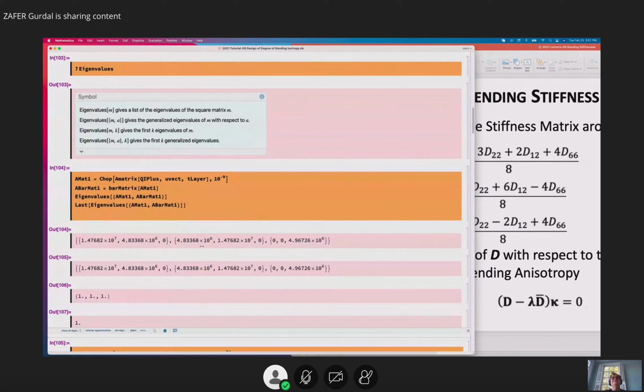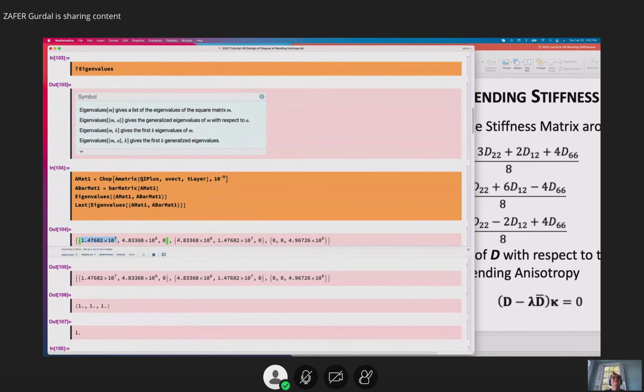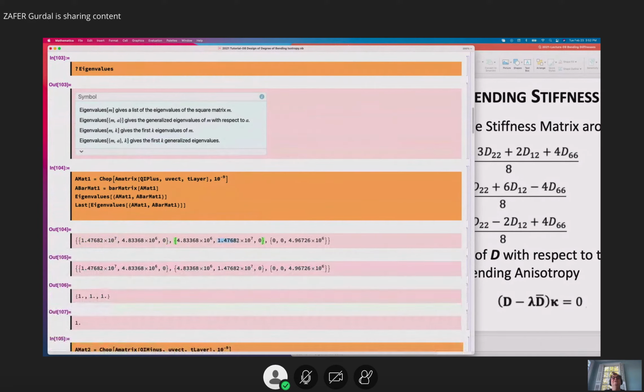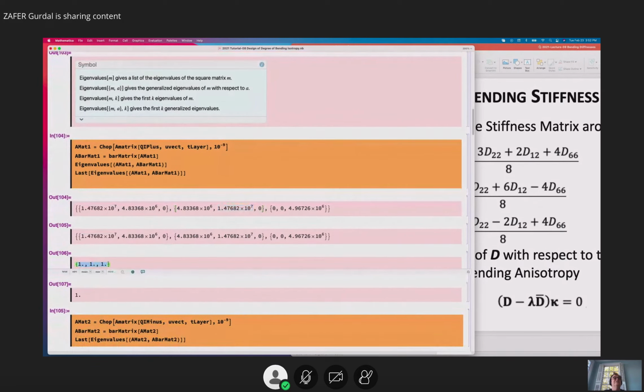As you can see, there's A11 here. A22 is here, is equal, so it's quasi-isotropic. And then all eigenvalues are 1, meaning that it doesn't matter whether you take the smallest one or the biggest one. The smallest eigenvalue is equal to 1.